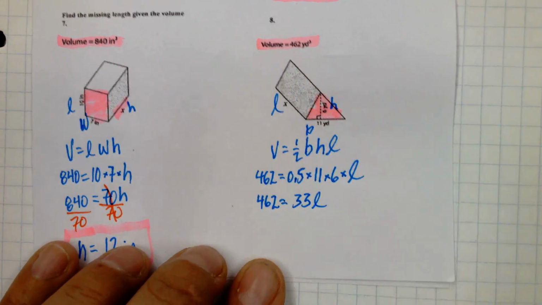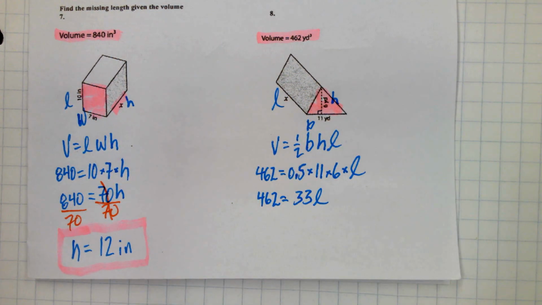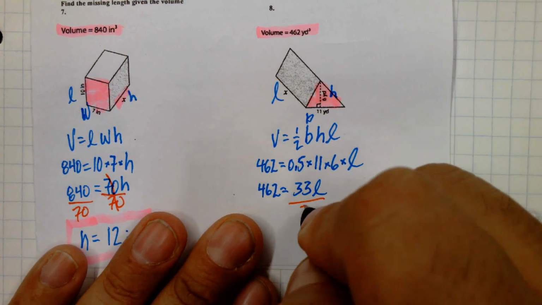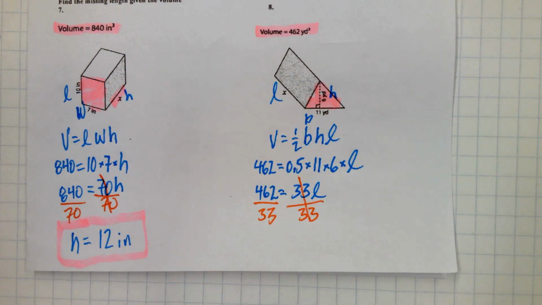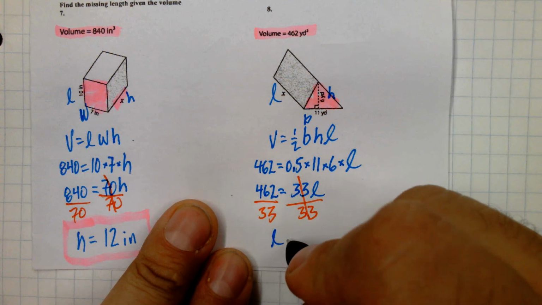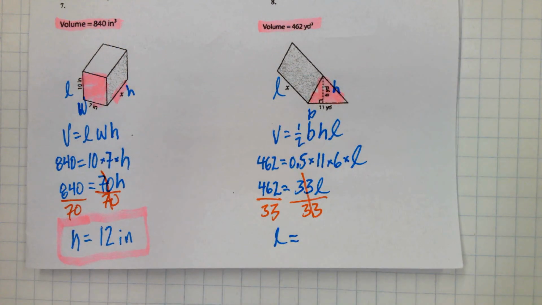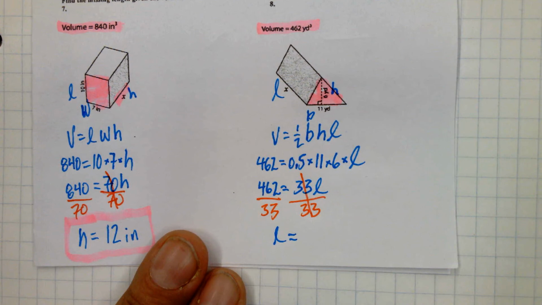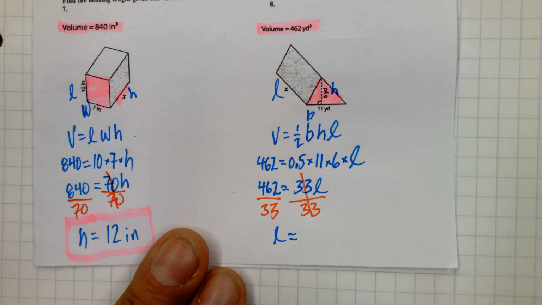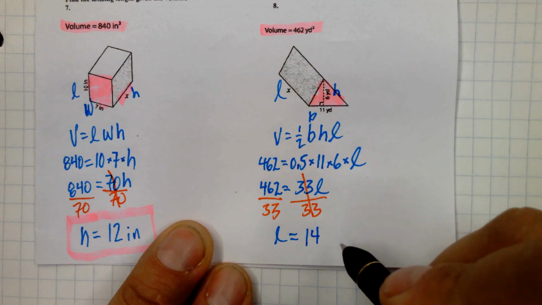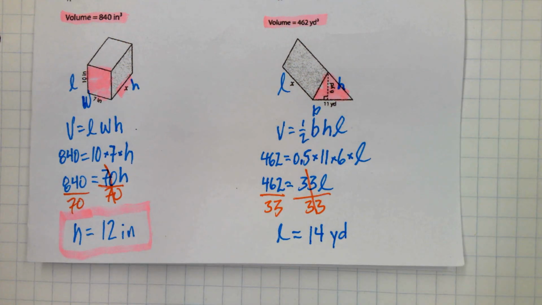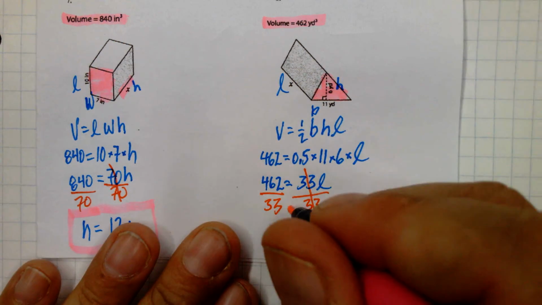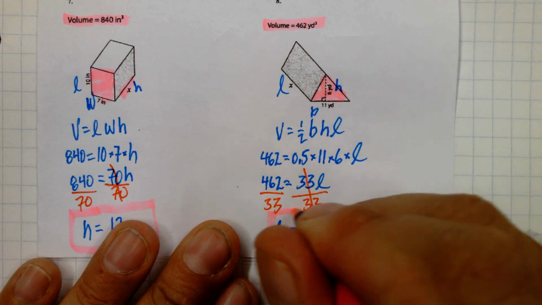L. So now we just have to divide out 33. Get that. And that will tell us what the length is. What's 462 divided by 33? And this time it's 14 yards. Okay. So that length is 14 yards.